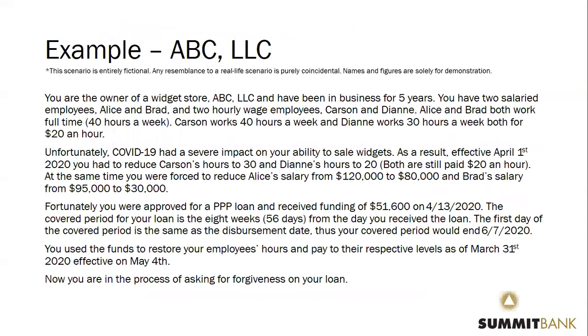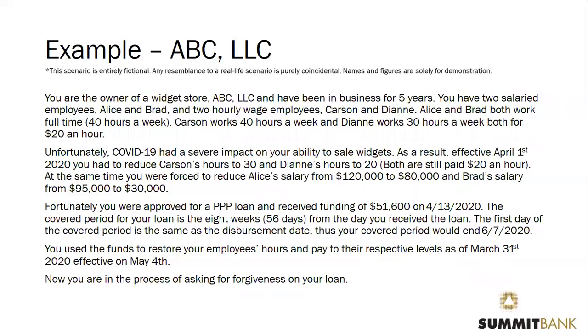So let's look at our company, ABC LLC. We have 4 employees, 2 are salaried, 2 are hourly, 3 are full-time. You can see we received a PPP loan of $51,600. We had to reduce hours. We also had to reduce salaries.